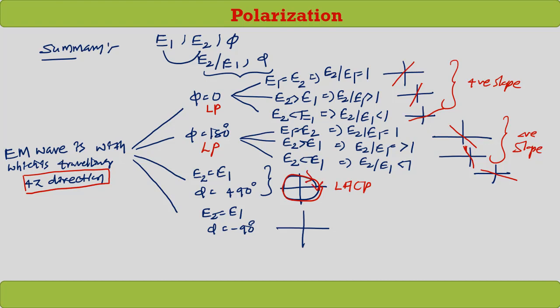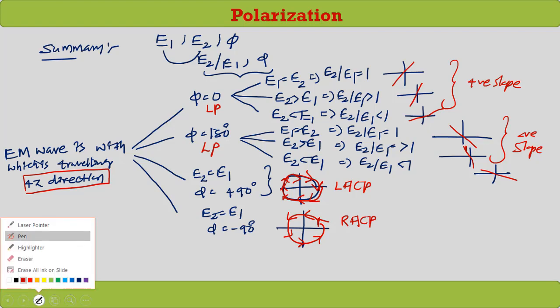That means the circle will be created like this. And here also circular polarization, but right-handed CP, RHCP.